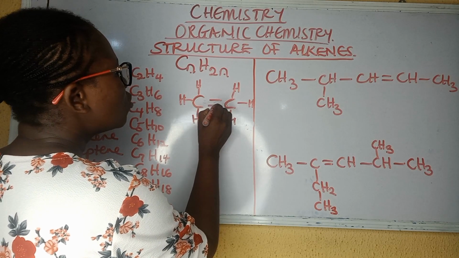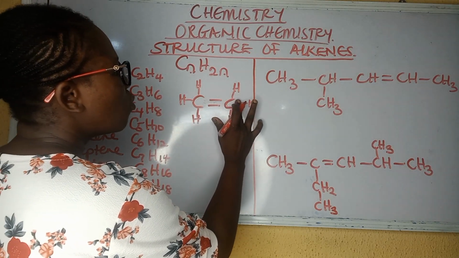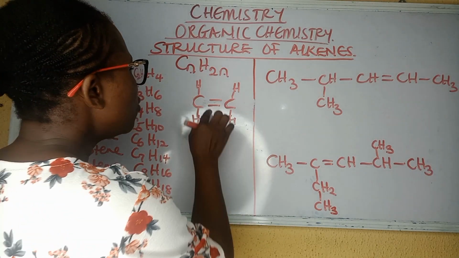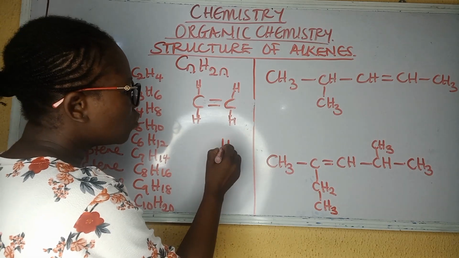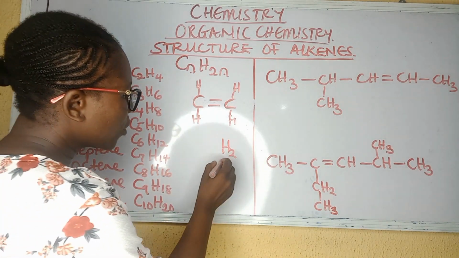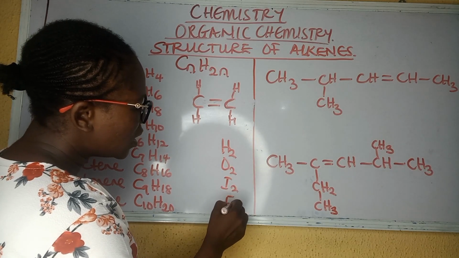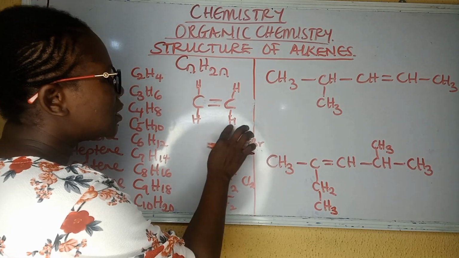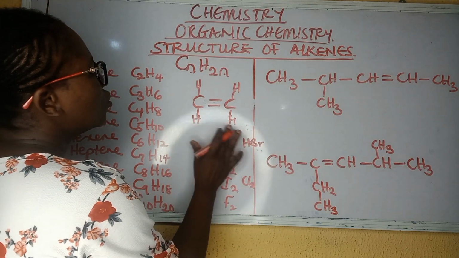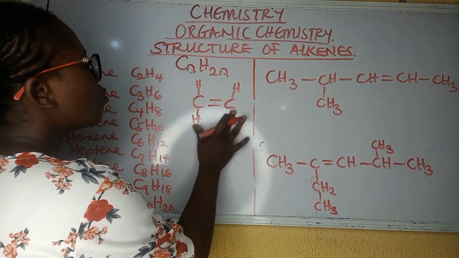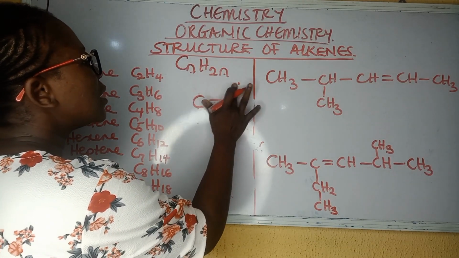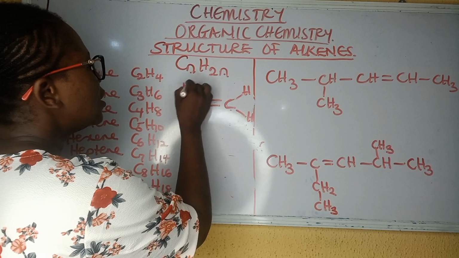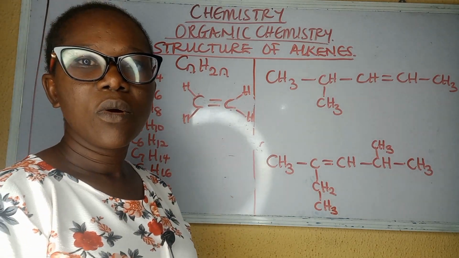But the introduction of this extra bond shows that 1 atom of an element is gone here and 1 atom of an element is gone here. So anywhere you see a double bond, 2 atoms of elements, either hydrogen, oxygen, iodine, fluorine, chlorine, or even hydrogen halide, are missing here. So in this case, we can now rewrite ethene as H here, H here, H here, H here, and this double bond represents the functional group of alkenes.